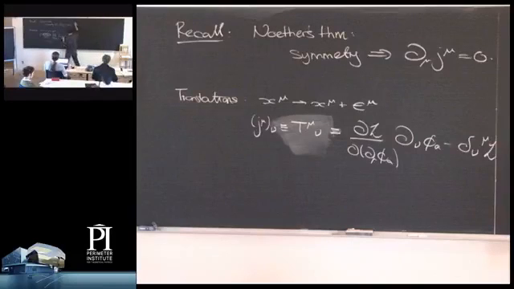OK, let me give some more examples. The examples I'm going to talk about now are called internal symmetries. Or they're sometimes called global symmetries. The word global here is to distinguish them from gauge symmetries, which we'll come across later in the course.